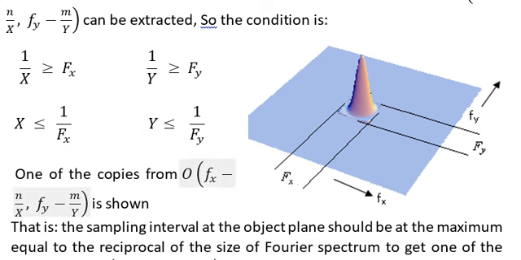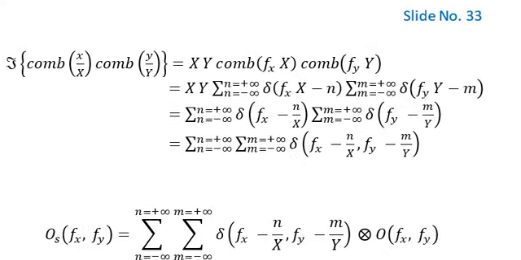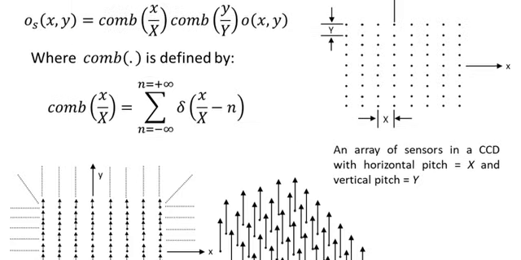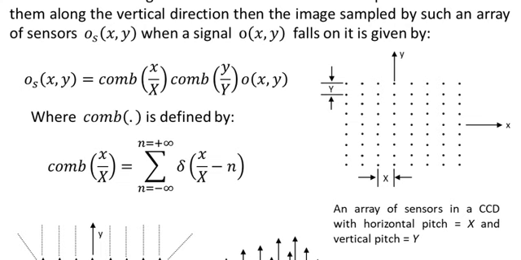So one of the copies of O, which are located at fx is equal to n over capital X and fy is equal to m over capital Y, is shown in the figure. Remember that these X and Y are related to the sampling intervals on the object, that is the sensor separation, the sample pitch.